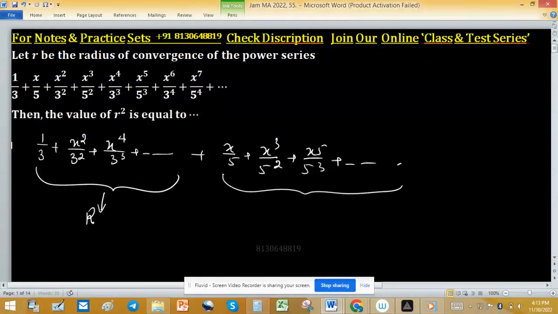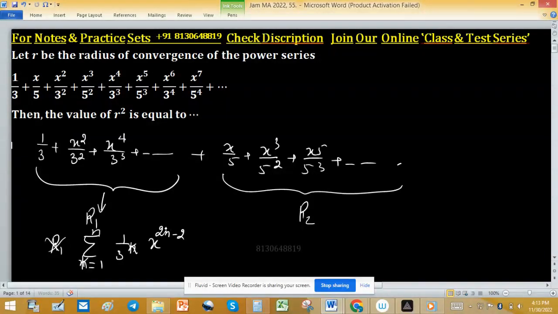So let R1 be the radius of convergence of the first one, and R2 be the radius of convergence of the second one. So for R1 we can write the first part in a compact way: 1 upon 3 raised to the power k into x raised to the power 2k minus 2, and k is running from 1 to n.